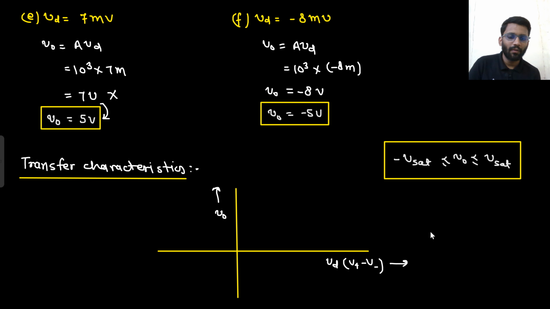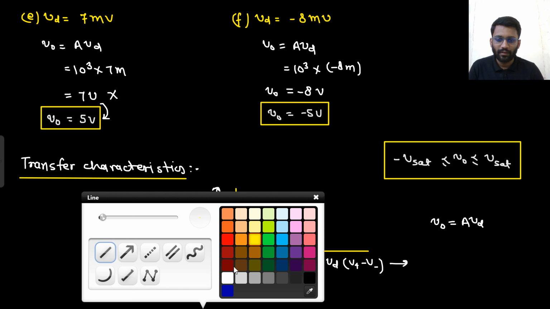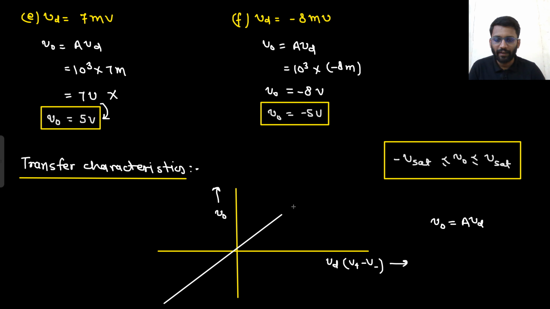So what is V naught? V naught is equal to A into Vd. So ideally it should be something like this. It should always be looking like this, right? It should always have a slope of A. But now, after some point, it saturates. After a particular point, it saturates.